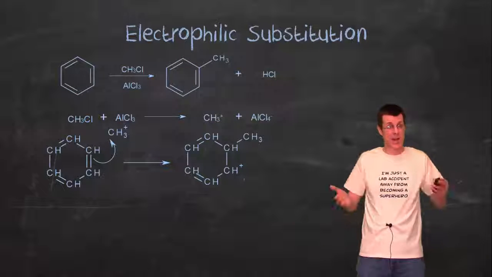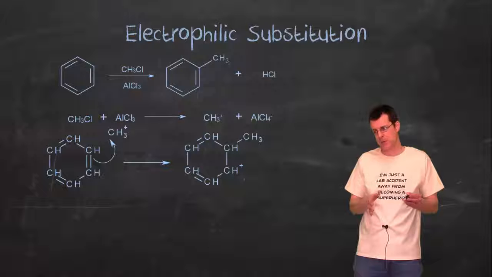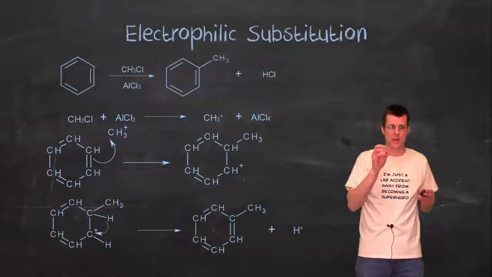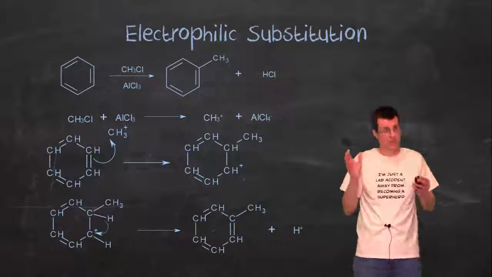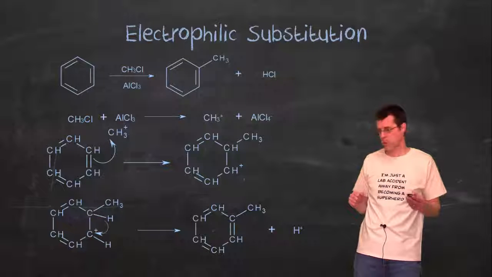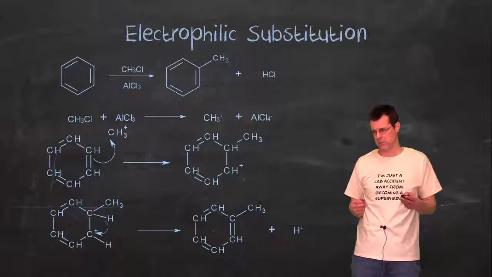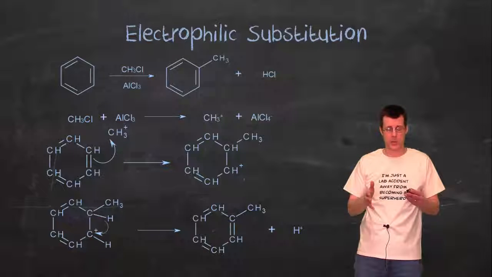Now that doesn't want to stay like that, so what happens there is that hydrogen that was still on the carbon, it's going to get thrown away, and the electrons from it get pushed into the bond.